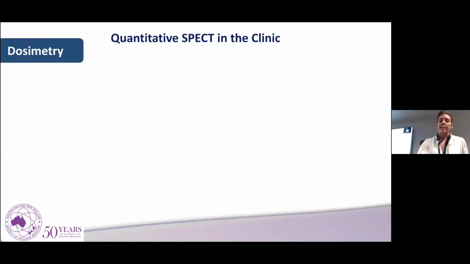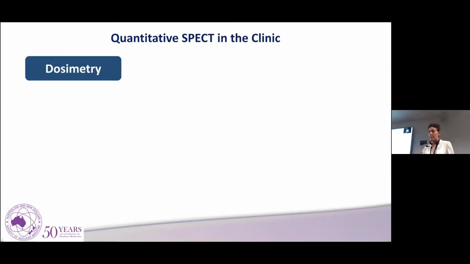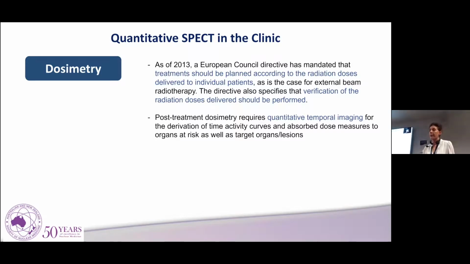A second area, which I think has actually been a very big driver behind the vendors' interest in quantitative SPECT in the first place, is that of dosimetry. And some of you may be aware that in 2013 there was a European Council directive which mandated that all treatments should be planned according to the radiation doses delivered to individual patients, just like they've always done in external beam radiotherapy, but certainly for historical reasons we haven't really done that in radionuclide therapy.